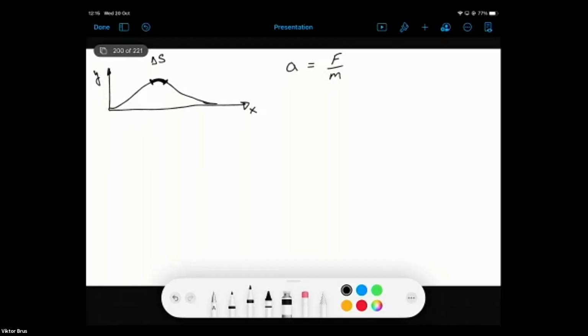However, if this small element is heavier, you see we have this mass in the denominator. If this small element gets heavier, then at the same force we will get smaller acceleration, obviously, and it will result in a smaller speed of spreading of this mechanical disturbance along the string.